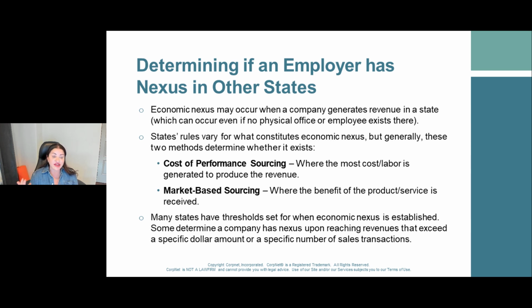Now, keep in mind, states' rules vary for what constitutes economic nexus, but generally, these two methods determine whether it exists. One is cost of performance sourcing, and the second is market-based sourcing, okay? Now, also keep in mind, many states have thresholds set for when economic nexus is established.